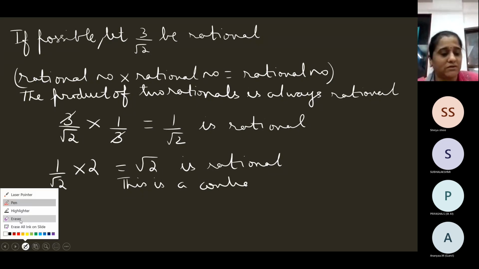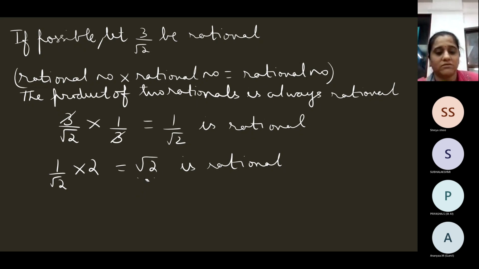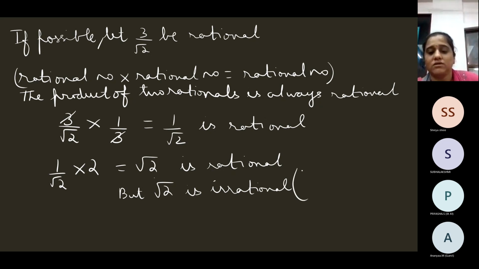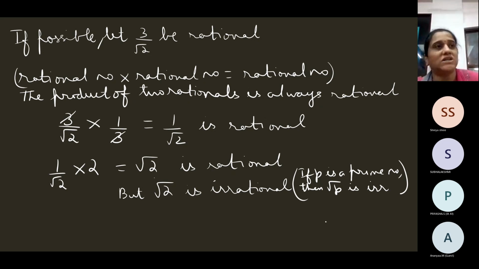Or you can write, but root 2 is irrational because by the theorem, if P is a prime number, then root P is irrational. It's a theorem. So by this theorem, root 2 is irrational. So this is a contradiction.